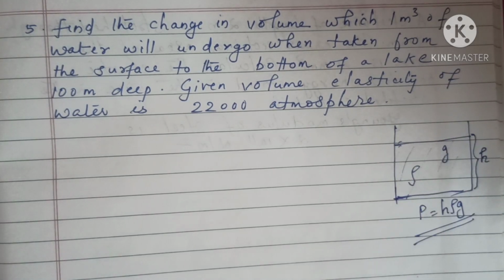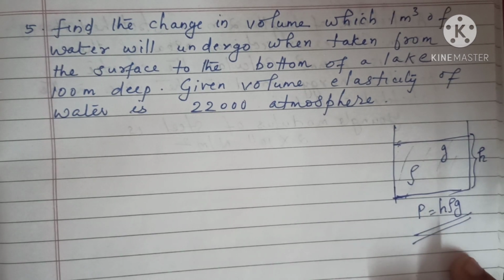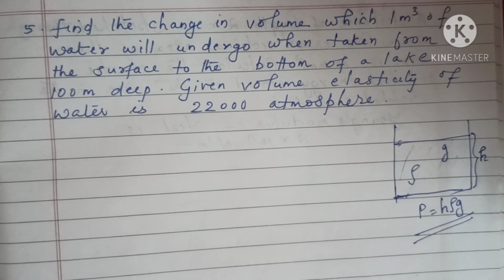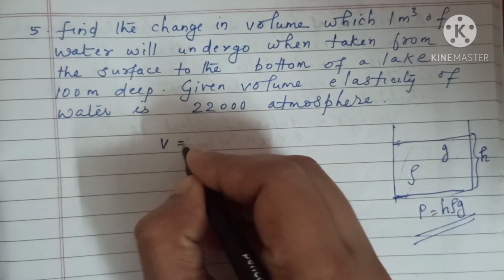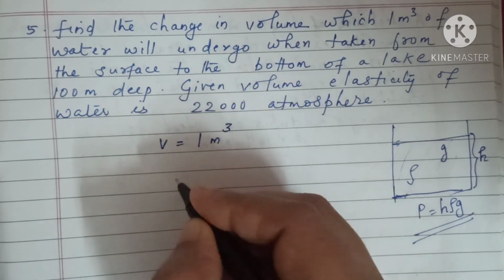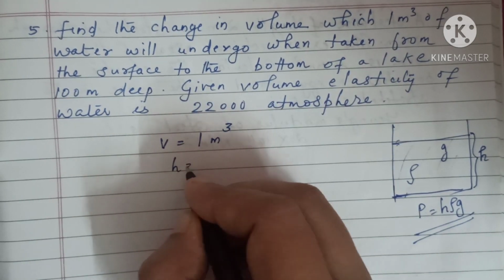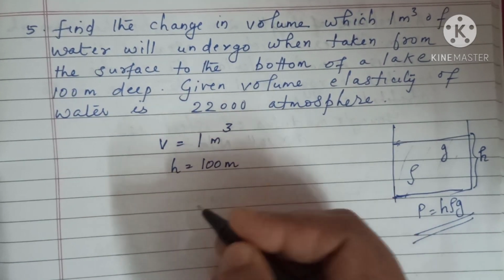So whenever we are taking the case of a lake or a sea, we are taking this expression as the pressure. Okay, so in this question we have the values: volume equal to 1 meter cube, then height I can take as 100 meters.